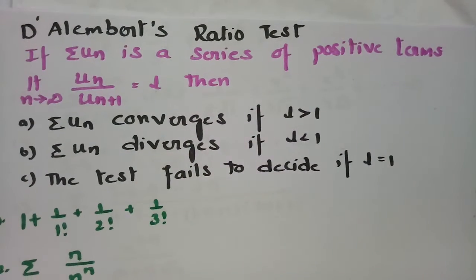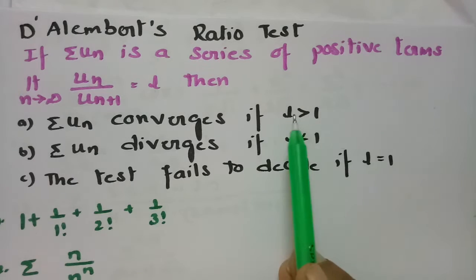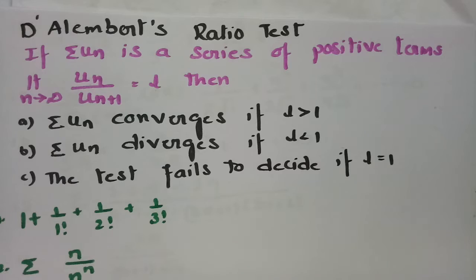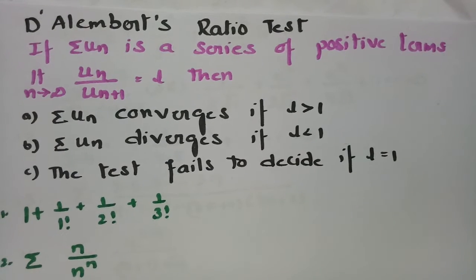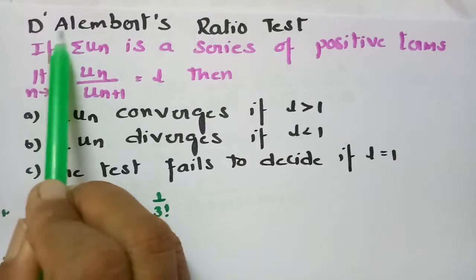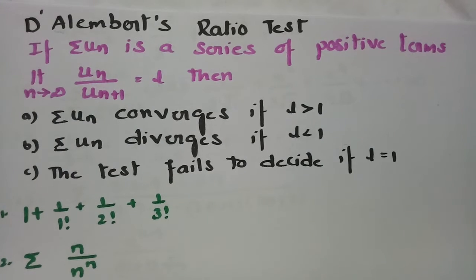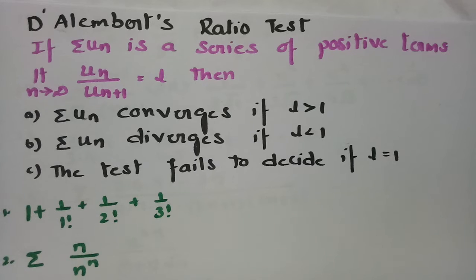D'Alembert's ratio test and p-test are similar. If the L value is greater than 1, convergent. Less than 1, divergent. Please remember the D'Alembert's ratio test and the auxiliary series test are the same. If L is greater than 1, convergent. So blindly you follow that.